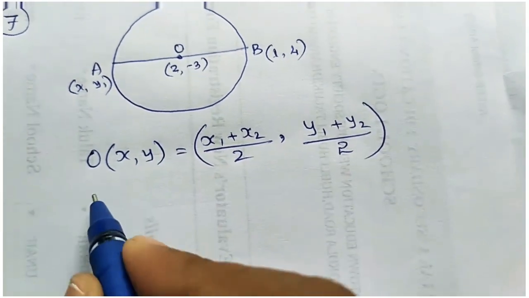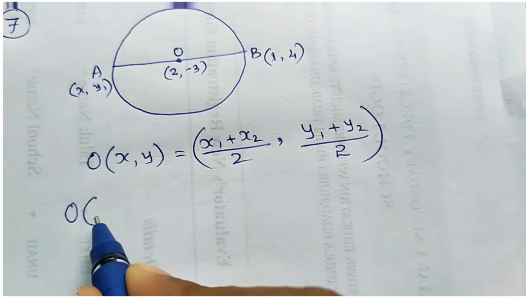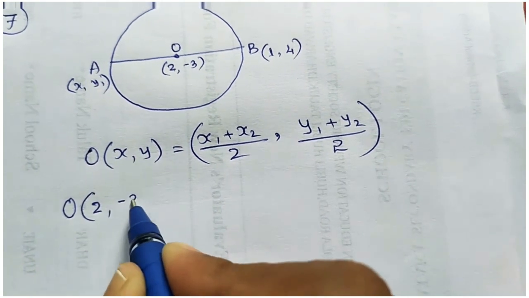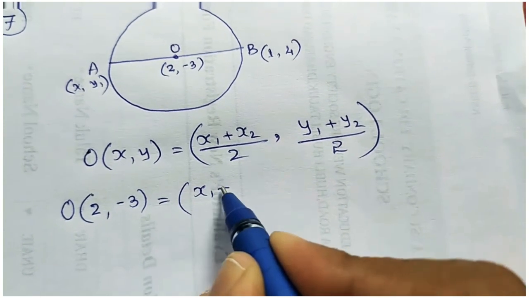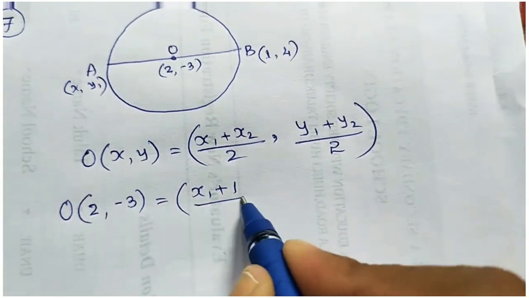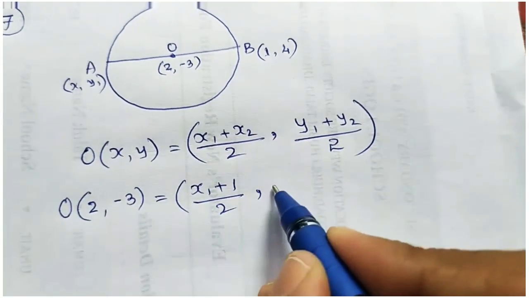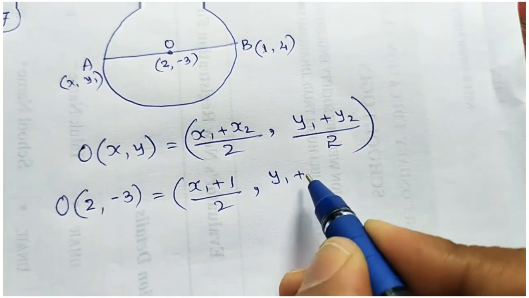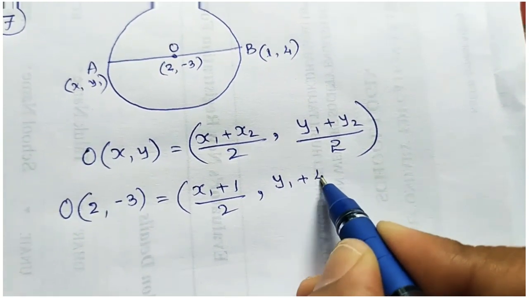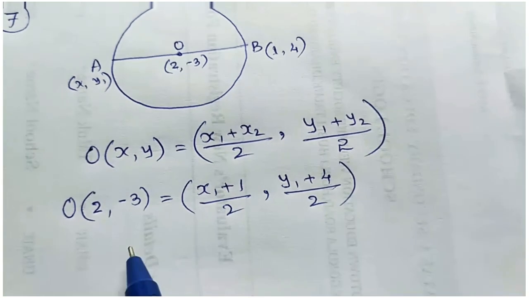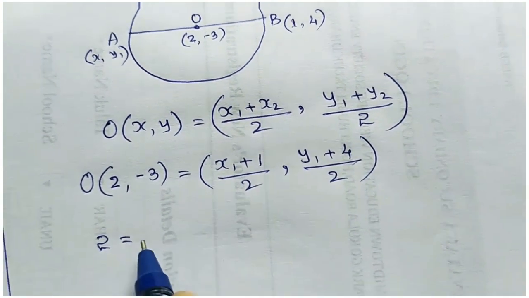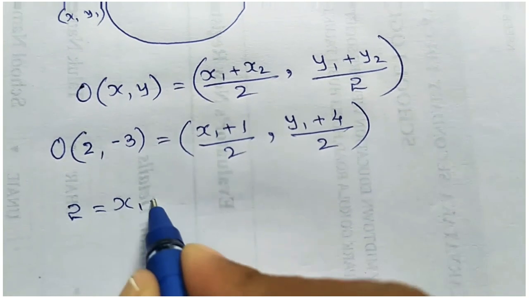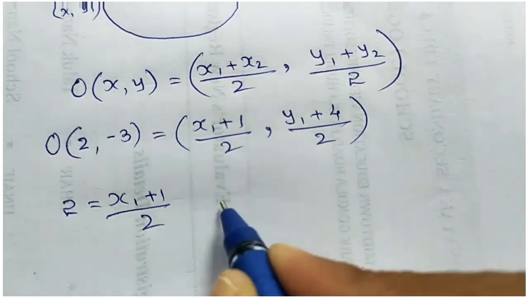Substituting the values, O (2, minus 3) equals x1 plus 1 by 2 for the first term. y1 we don't know, keep y1, and y2 is 4, so y1 plus 4 by 2. Individually solve them: 2 is equal to x1 plus 1 by 2.